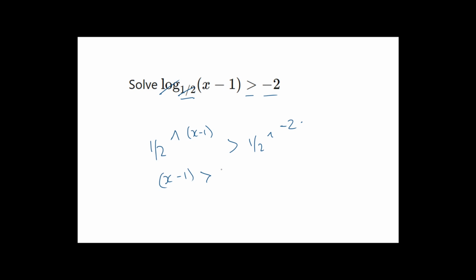So x minus 1 must be greater than 4. Therefore, x must be greater than 5. And I think x cannot be equal to 1. But I mean, that doesn't really matter anyway.